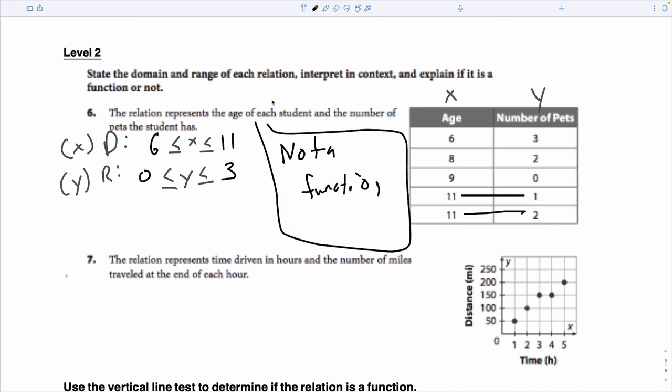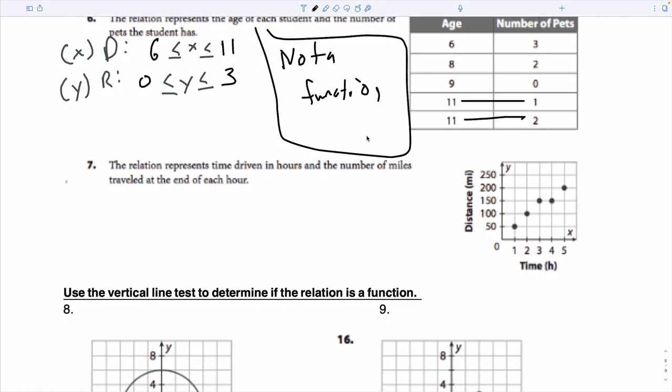Number 7. Elliot, give me domain and range first. Did you get it? Andrew, did you get it? Okay, give me the domain first. Good. Is it less than or equal to?